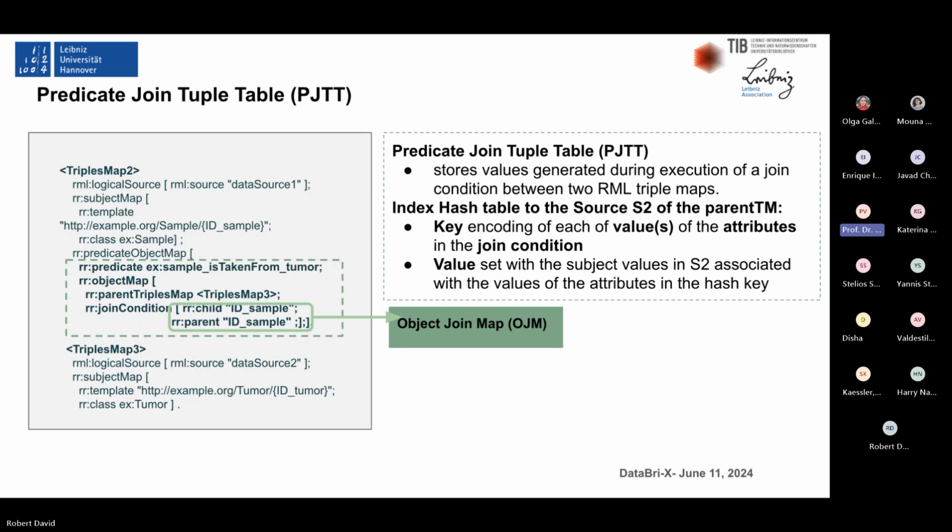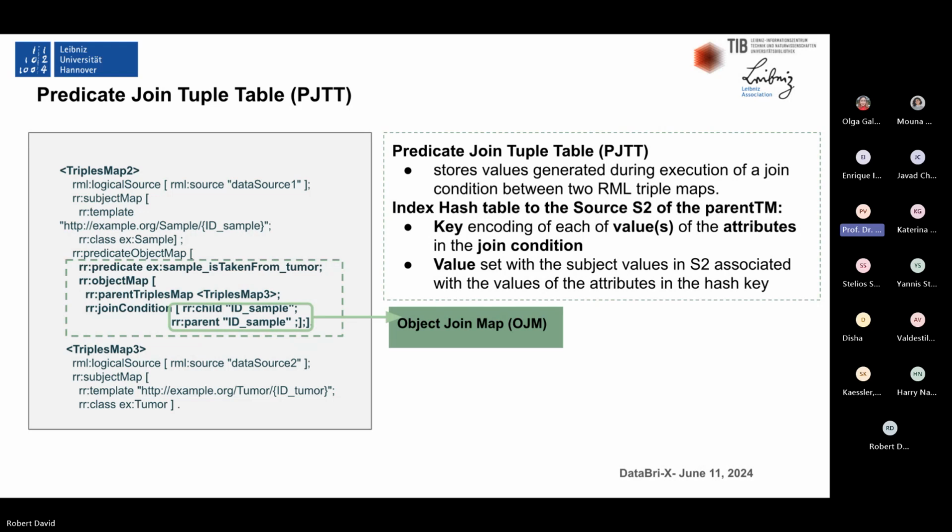And then what happens when we have a join? What we are representing is what is called an index hash table, where in a join there is always the outer table and the inner table. In this case they are not necessarily tables, because remember that we are talking about a data mapping language that receives many different types of data sources. But what is important here is that we have the abstraction of the outer argument and the inner argument, which we call source one and source two.